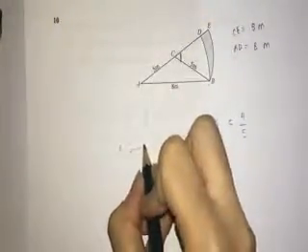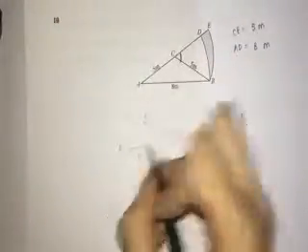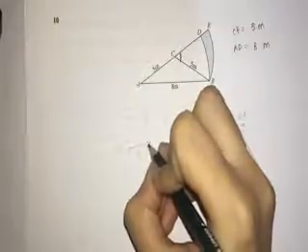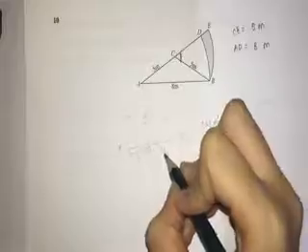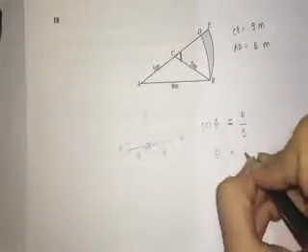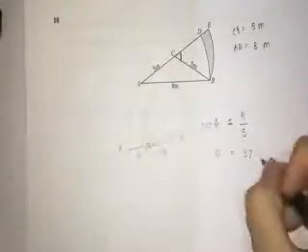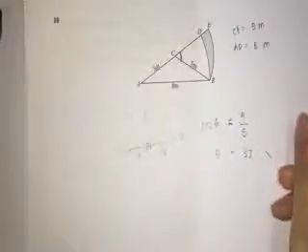Since this length, let's just say this is M as midpoint, is 4, and this is 4 as well. So theta is equal to 37, and we multiply this by 2.